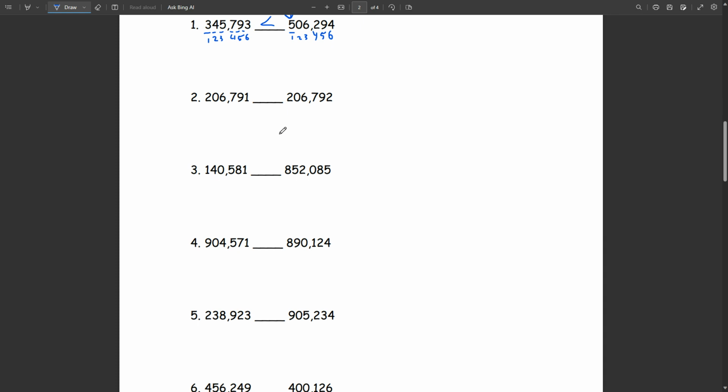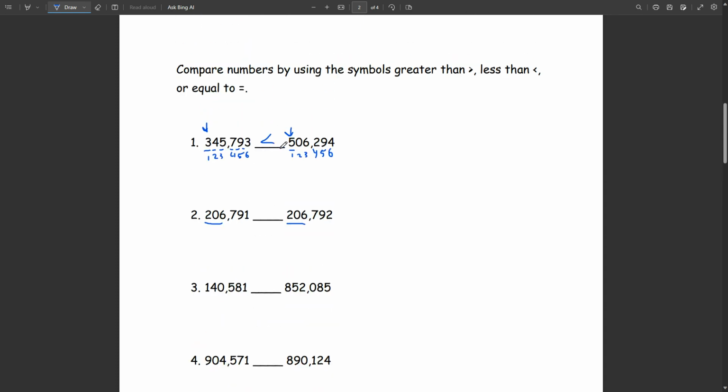So since these are the same, we can look at the first number and see which one's greater. Right, so number 2, we know that there's the same amount of numbers, right? If we look at the first one, actually, it's the same, 206. And then we look at 70 or 7, the same, this one, same. And then we look at 1 and 2. Since 2 is greater, we write that this one is greater than.